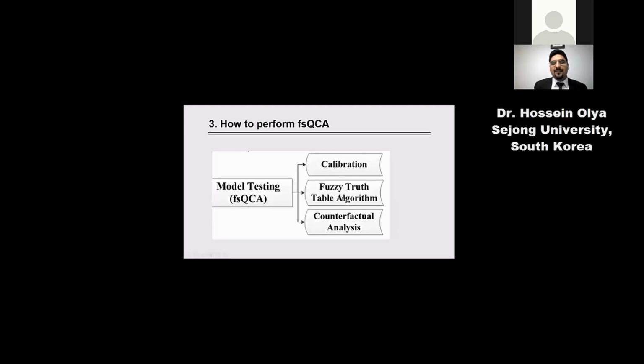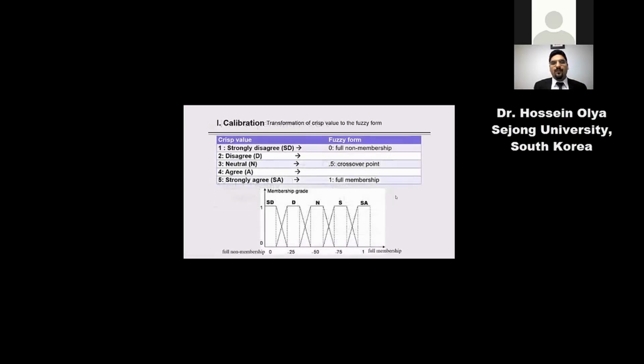And the third step is counterfactual analysis. Actually, this process is performed by the program, you don't need to do it by yourself step by step. The computer helps you to conduct this analysis, but I want to explain what calibration and the other steps mean.